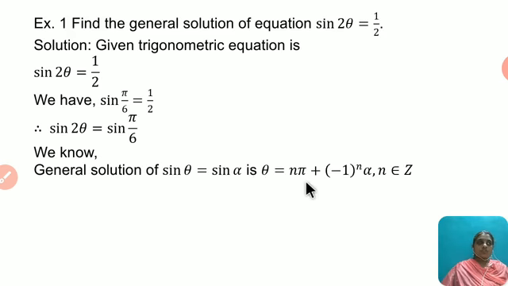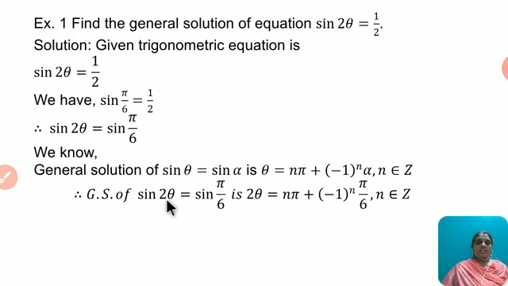So put these values in general solution. Therefore, the general solution of sin 2 theta is equal to sin pi upon 6 is 2 theta is equal to n pi plus minus 1 raised to n multiplied by pi upon 6, where n belongs to z.